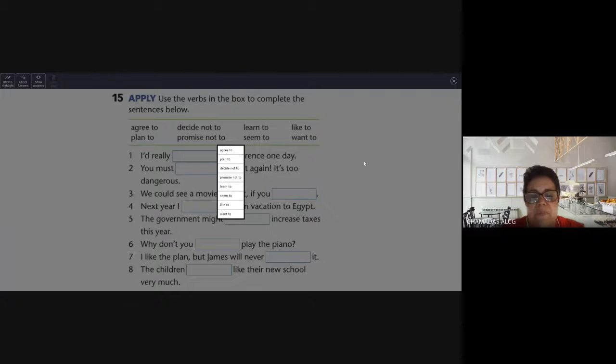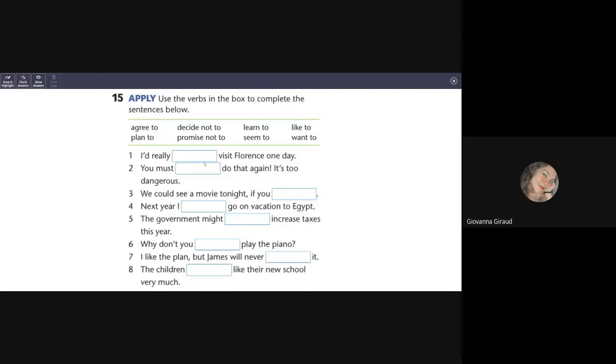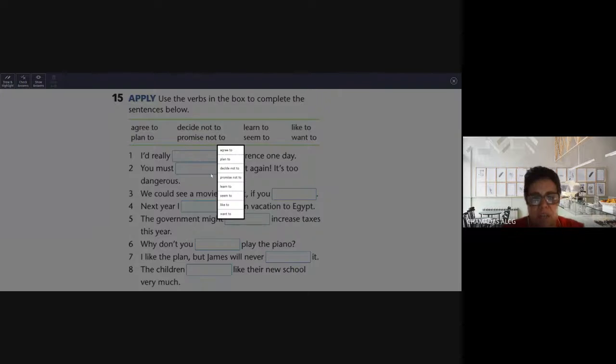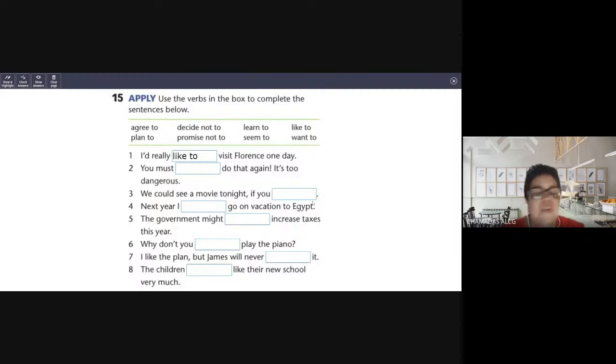I'd really like to. Okay. I'd really like to visit Florence one day. So here, if you ask me, is there any other way to complete this sentence? Could I use another verb after would like, or I'd really, maybe want to could be, but I wouldn't change the verb tense.